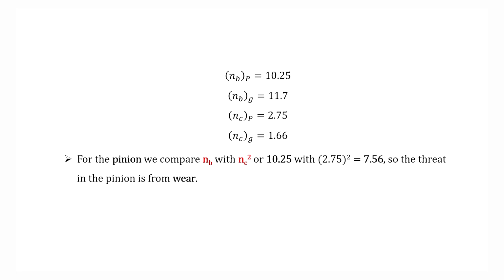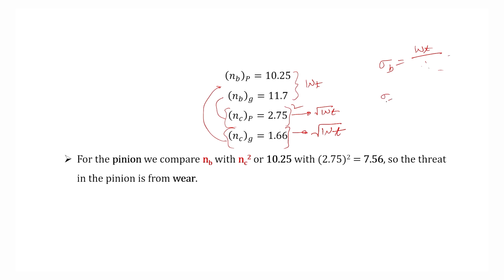For comparison purpose, what we do is, bending stress is directly related to WT, while contact stress is related to under root of the WT. So, these should be squared to compare with these factors of safety, because they are related to WT. Sigma B is equal to WT times other factors, and sigma C is CP and under root of the WT.